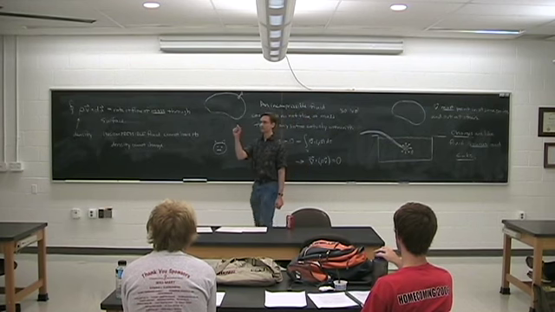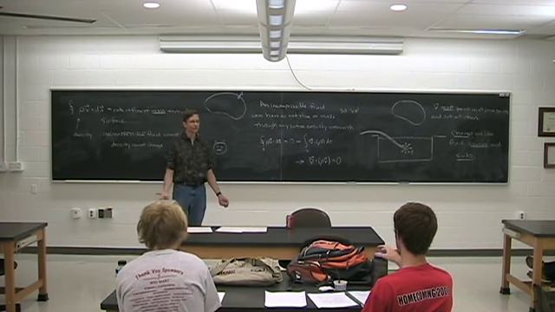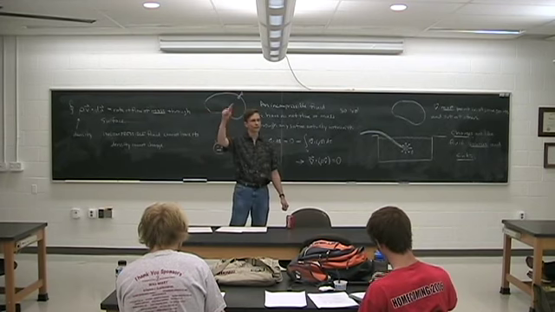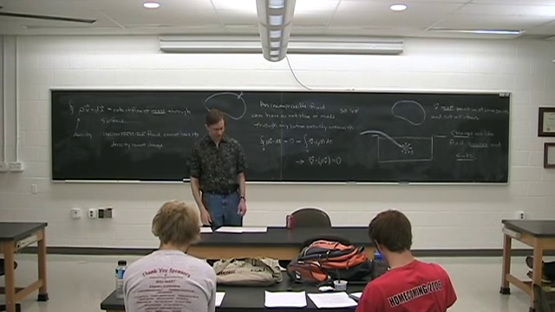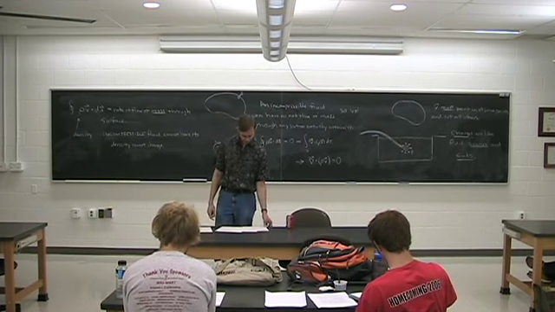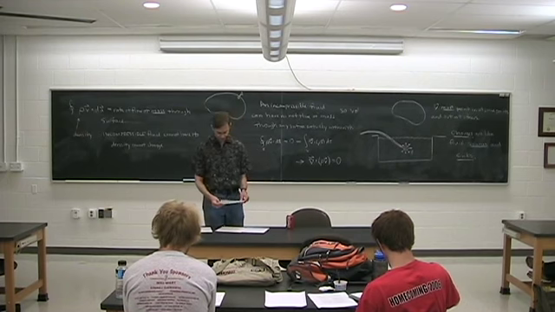So a charge is a place where field lines begin or end. Magnetic field lines don't begin or end. They're always closed loops because there are no magnetic charges. But the electric field is not like that. Charges are sources and sinks basically of field.